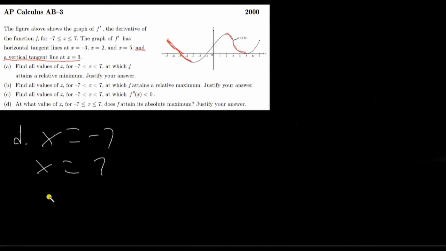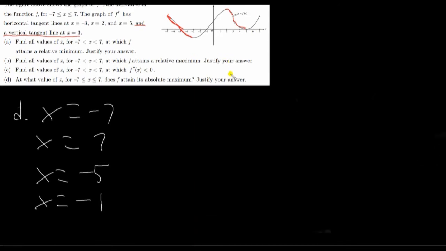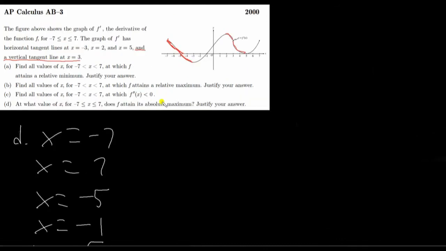So that's going to be x equals -5, x equals -1, and x equals 5, I guess. So now let's think about what an absolute maximum means.